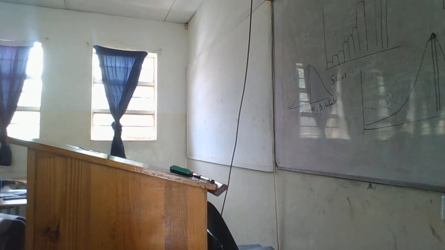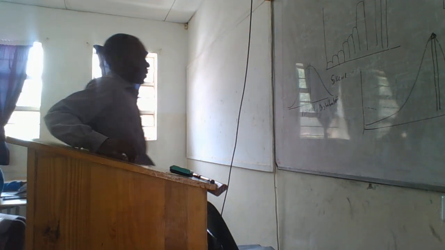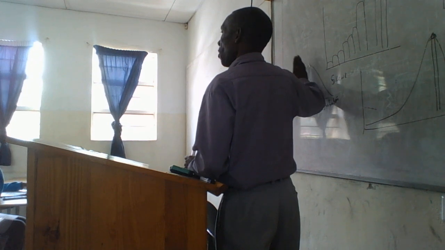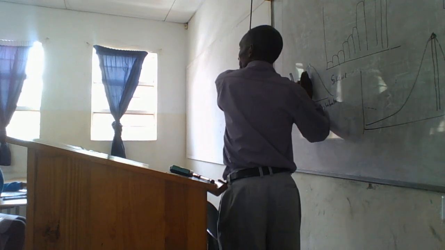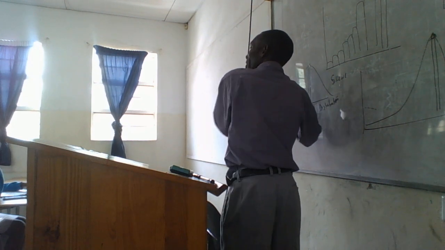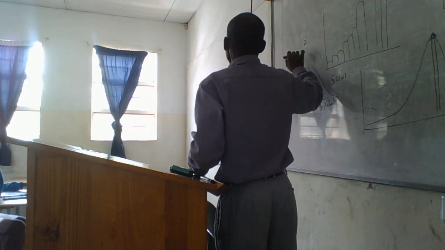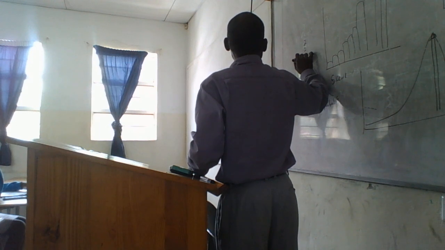And for this skewedness, when it is a normal distribution, the mean, mode and median are within the same range. If you are calculating, you find that the mean is about 2, the mode is 2, the median is around 2.